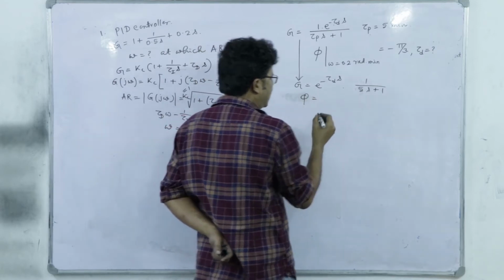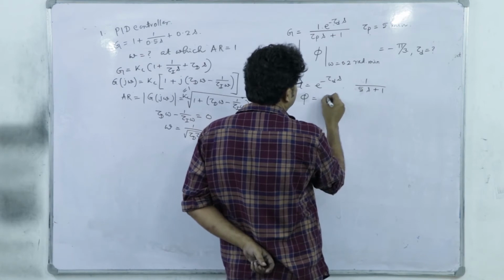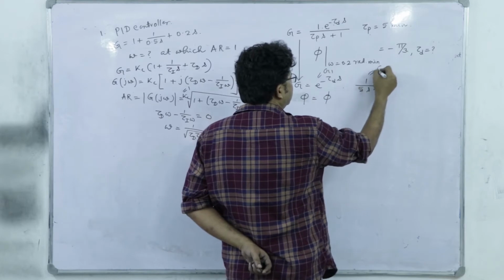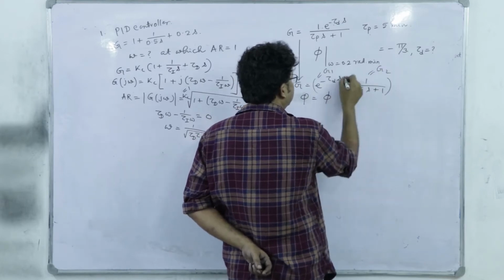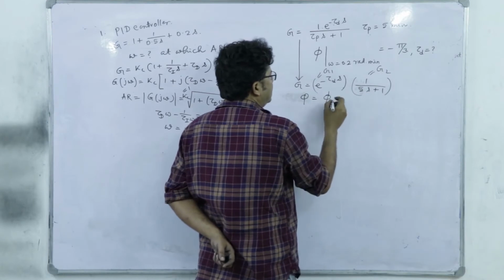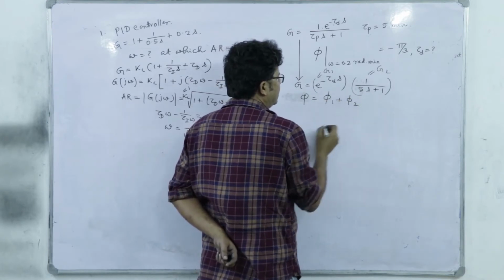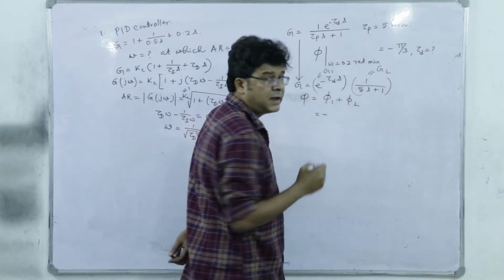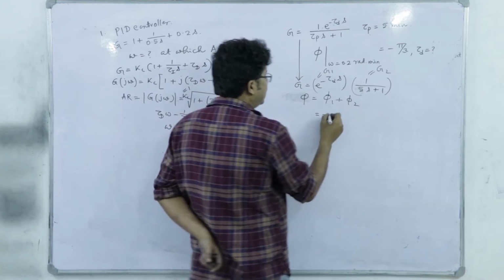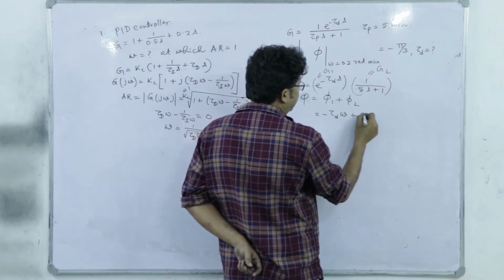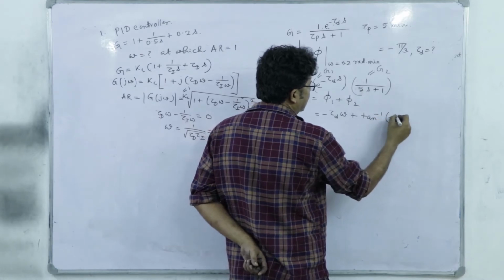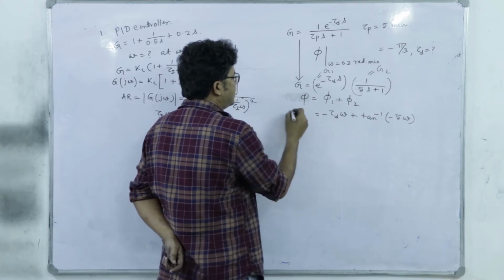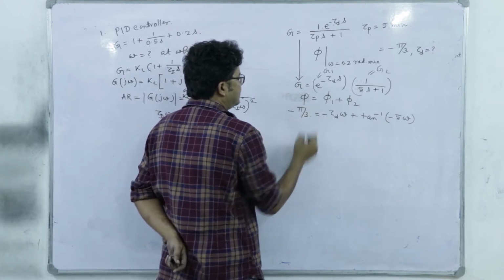The phase shift phi is phi 1 plus phi 2, where this is G1 and this is G2 of the entire transfer function. For a dead time element, the phase shift is minus tau d omega, plus tan inverse of minus tau p omega, which is 5 into omega, and that is equal to minus pi by 3.